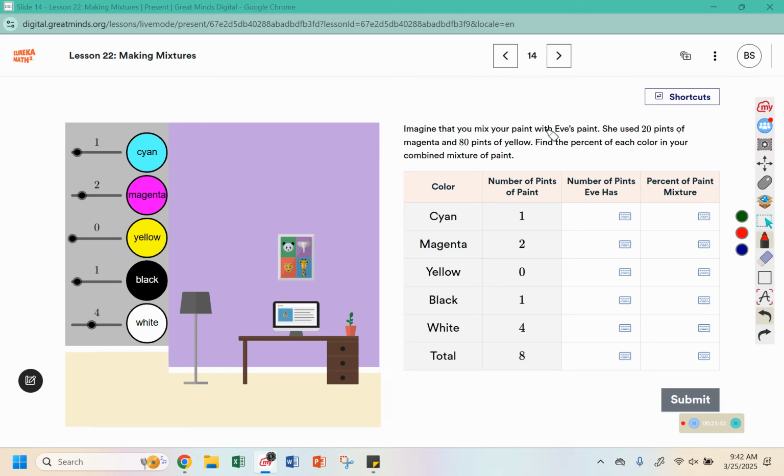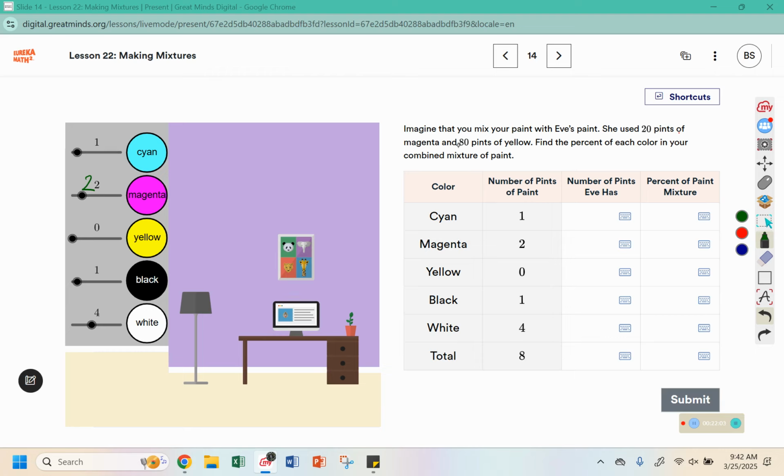Imagine that you mix your paint with Eve's paint. She used 20 pints of magenta and 80 pints of yellow. Find the percent of each color in your combined mixture of paint. So now instead of 2 magentas, I have 22.